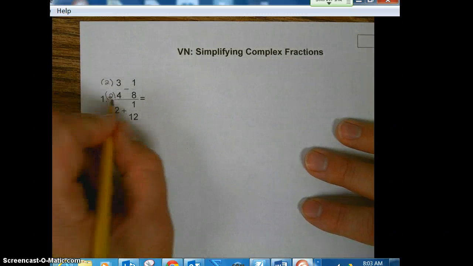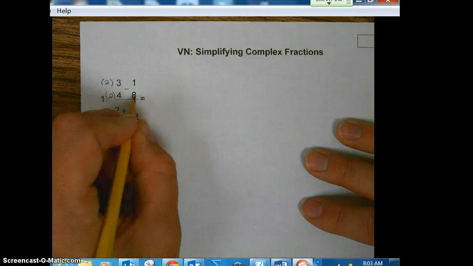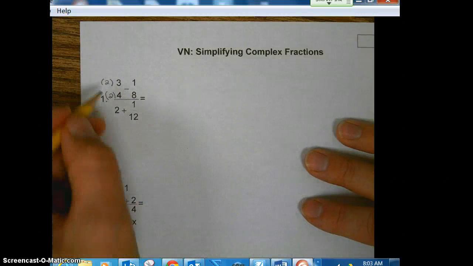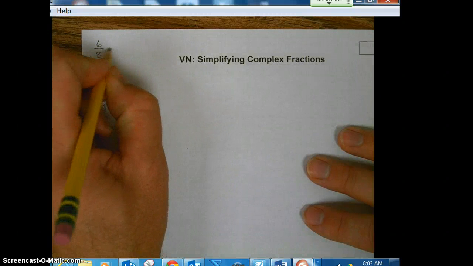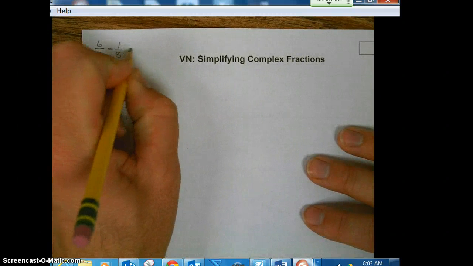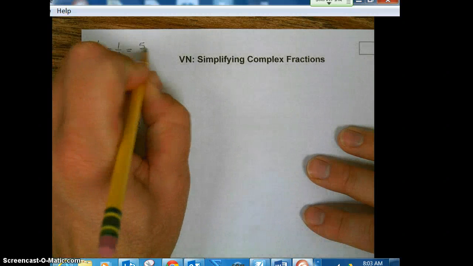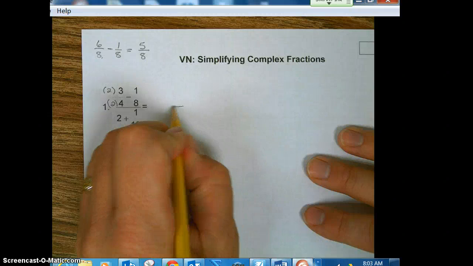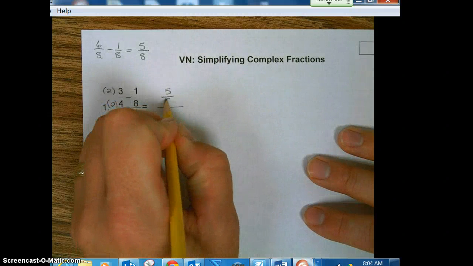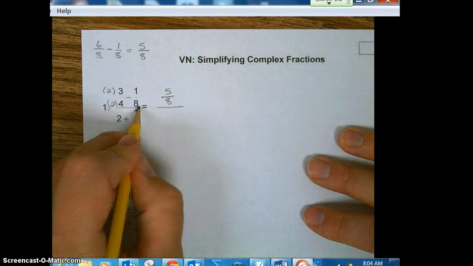So 6/8 minus 1/8 is, let me write that up here so you can see that. 6/8 minus 1/8 equals, we subtract the numerators and the denominator stays the same. So we get 5/8. So we've just simplified the numerator.